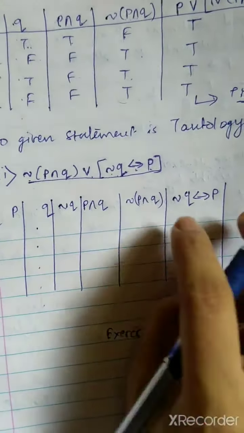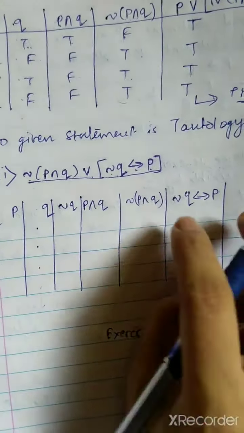So negation of P and Q, this column and this column: negation of (P and Q) or with (negation Q double implication P). So this column will decide. Now we'll take true, true, false, false.